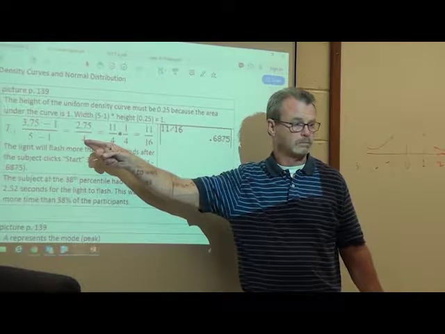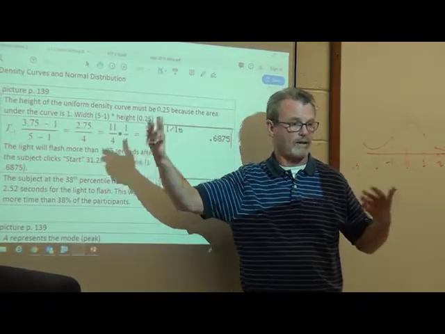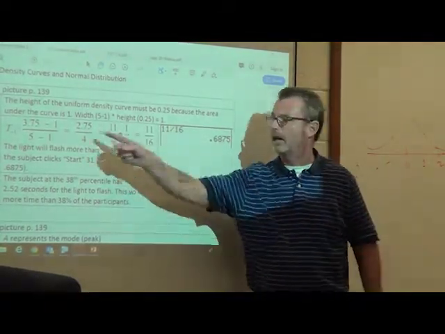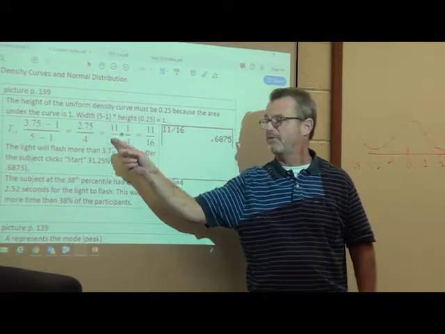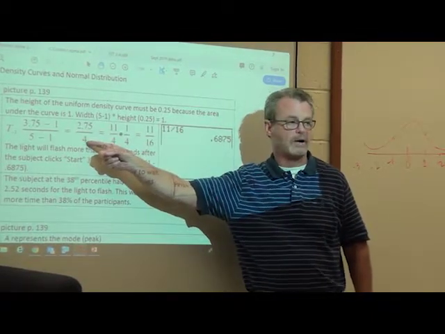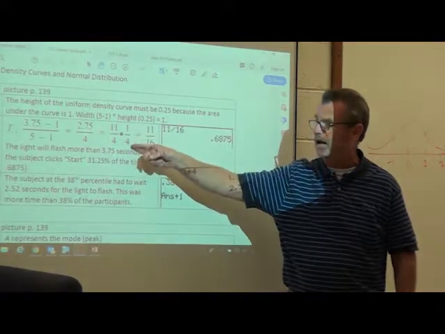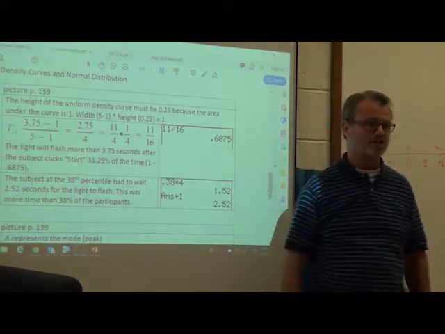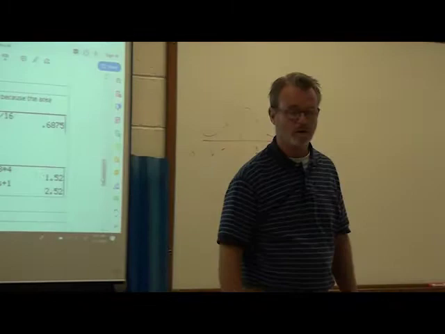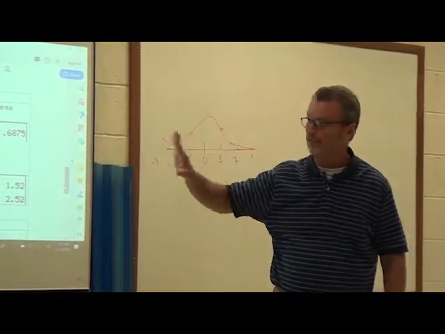The width of the graph. 2.75 is the share of the width. And 2.75 is 11 fourths. And I took this fourth as the denominator, and I just rewrote it as a fraction out here. So 11 sixteenths is the area of the curve to the right of 3.75.